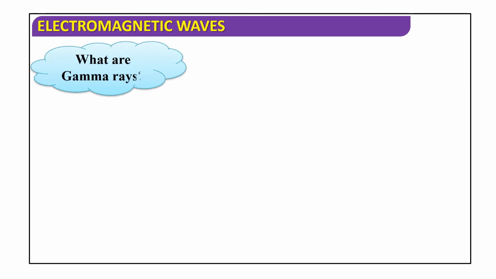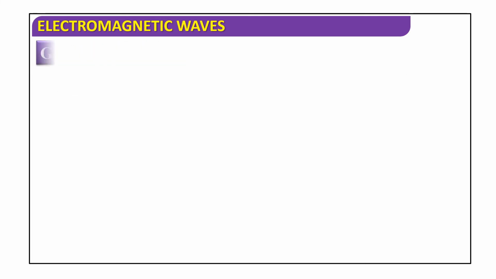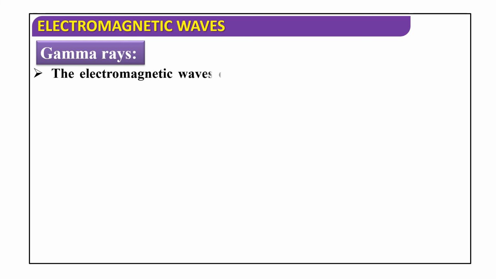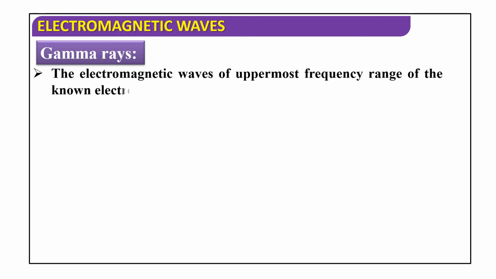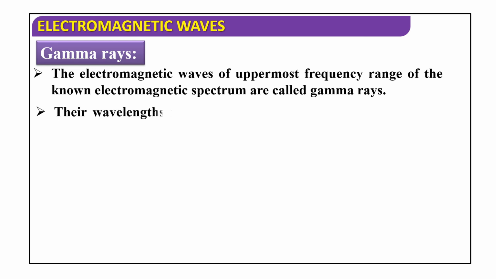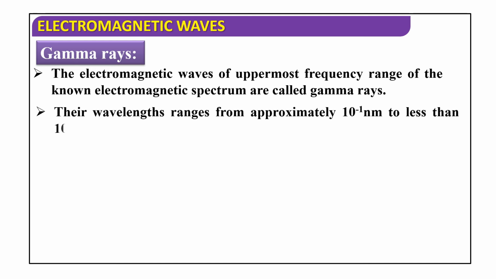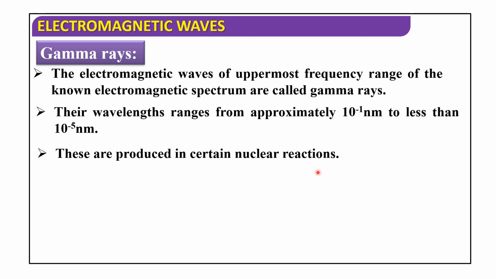What are gamma rays? The electromagnetic waves of uppermost frequency range of the known electromagnetic spectrum are called gamma rays. Their wavelength ranges from approximately 10 to the power of minus 1 nanometers to less than 10 to the power of minus 5 nanometers. These are produced in certain nuclear reactions.